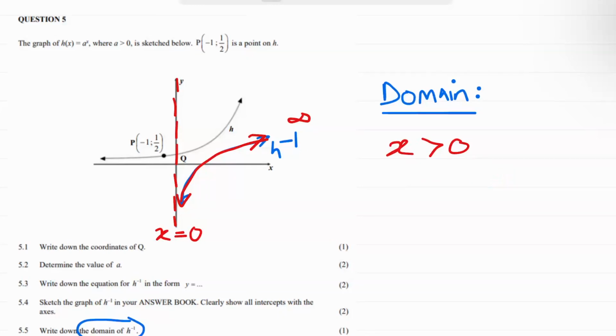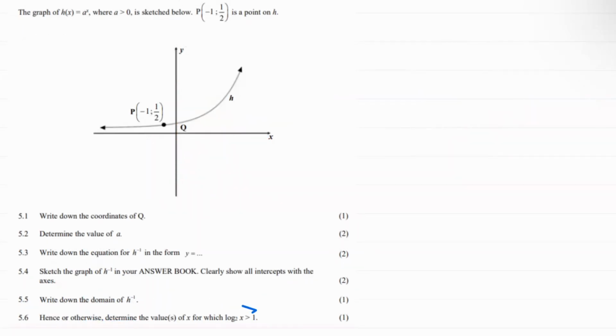Our very last question over here says, hence or otherwise, determine the values of x for which log base 2 of x is greater than 1. So they're talking about this log function that we drew, and they're asking us, where is this log function greater than 1?